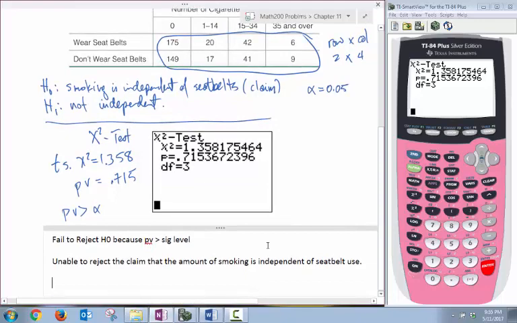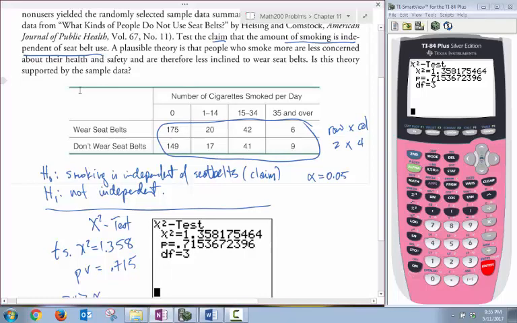Alright, so that's our formal conclusion in non-technical terms, and let's see if we can answer this follow-up question. There's a theory that says that the more people smoke, the less concerned they are about their seatbelt. Is that true? Since we're unable to reject the claim, it seems like it is independent.